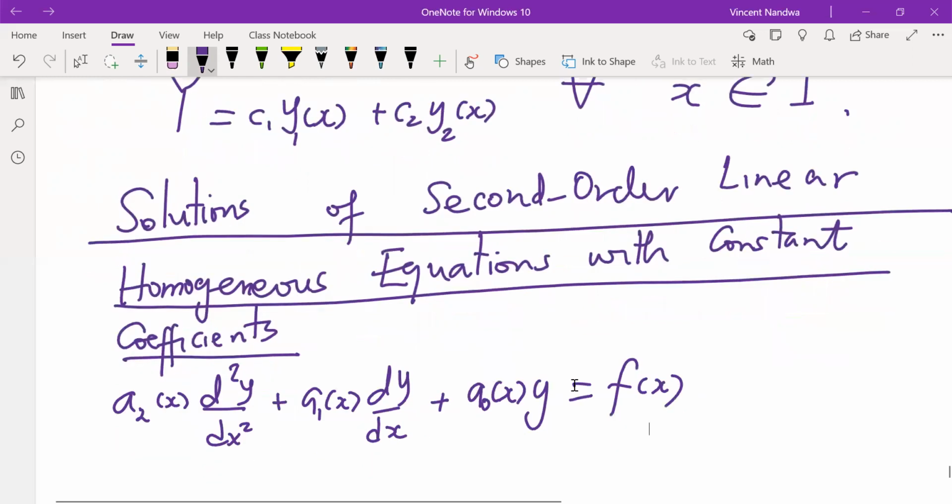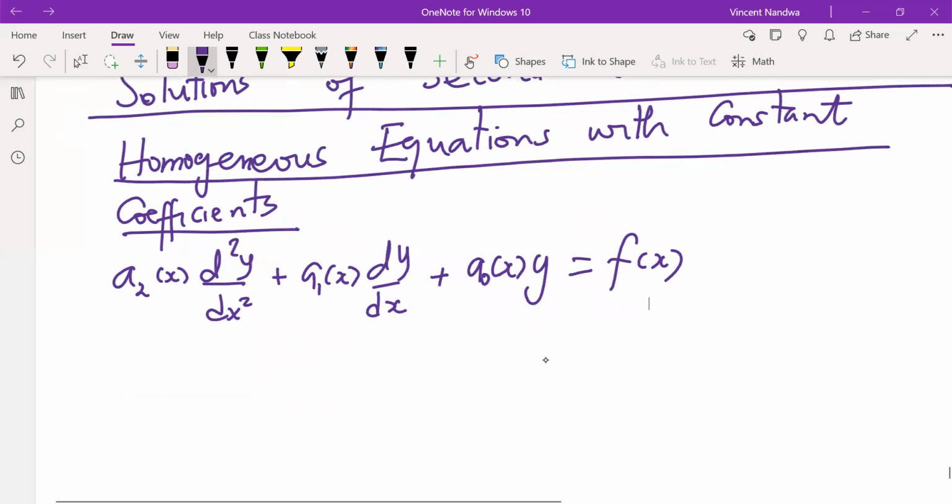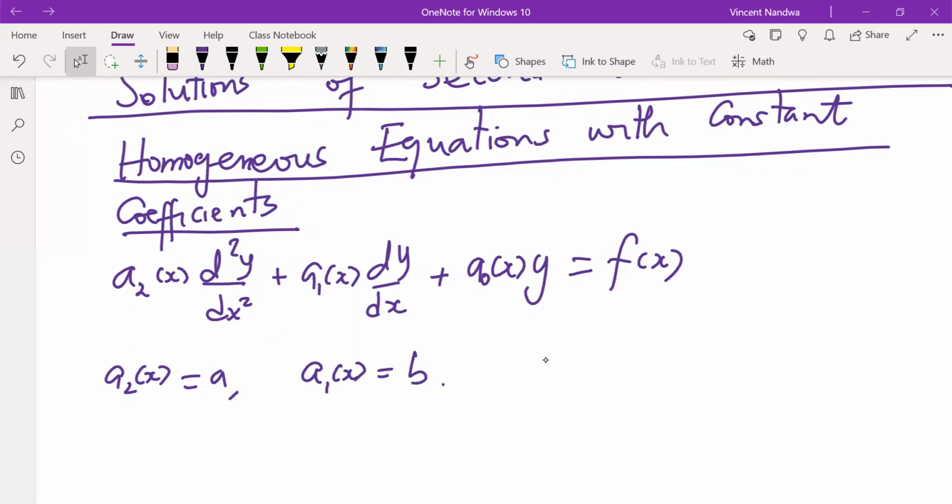equation. So we are going to fix: let a2(x) be a, let a1(x) be b, let a0(x) be c, and for homogeneous, the right-hand side is 0.